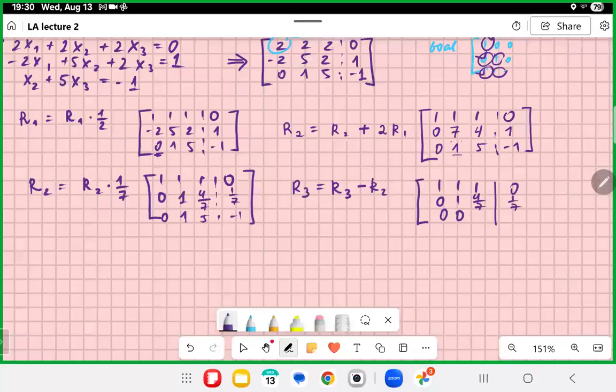1 minus 1. And the next one is not going to be very nice because I'll need to do 5 minus 4 over 7. But it's not going to be super hard. I'm going to write down here 5 minus 4 over 7.